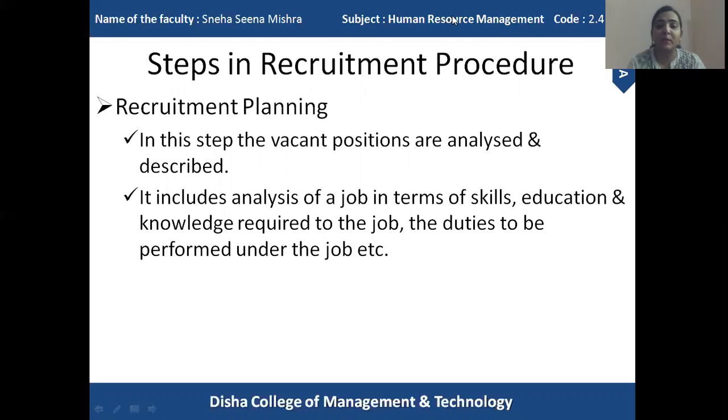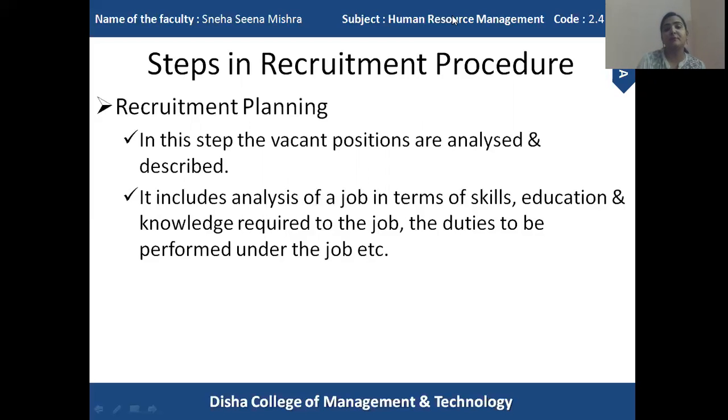As you can see, the first step of the recruitment procedure is recruitment planning. First of all we need to plan. We need to analyze what are the various jobs or positions which are vacant, and we have to describe what type of person is required for each vacant job, and what duties, responsibilities and activities are part of each job.